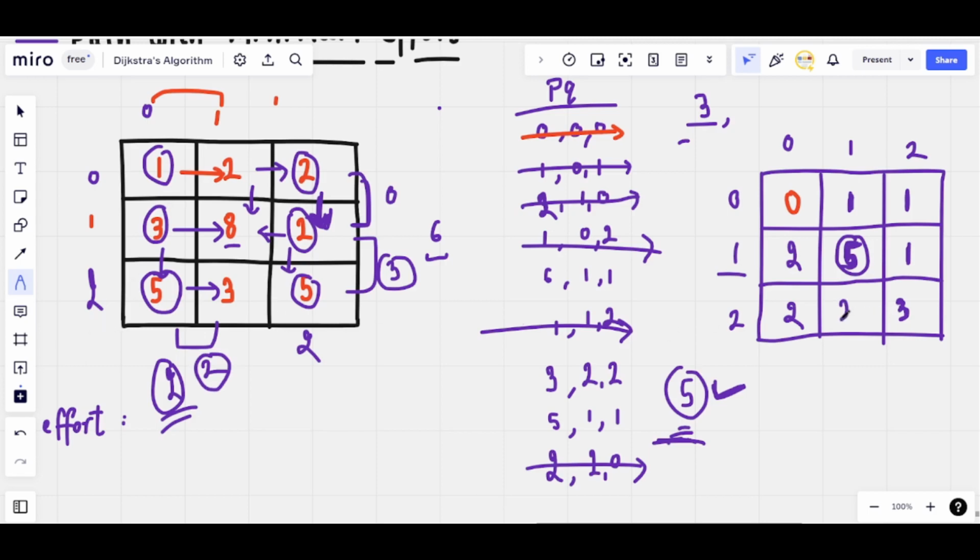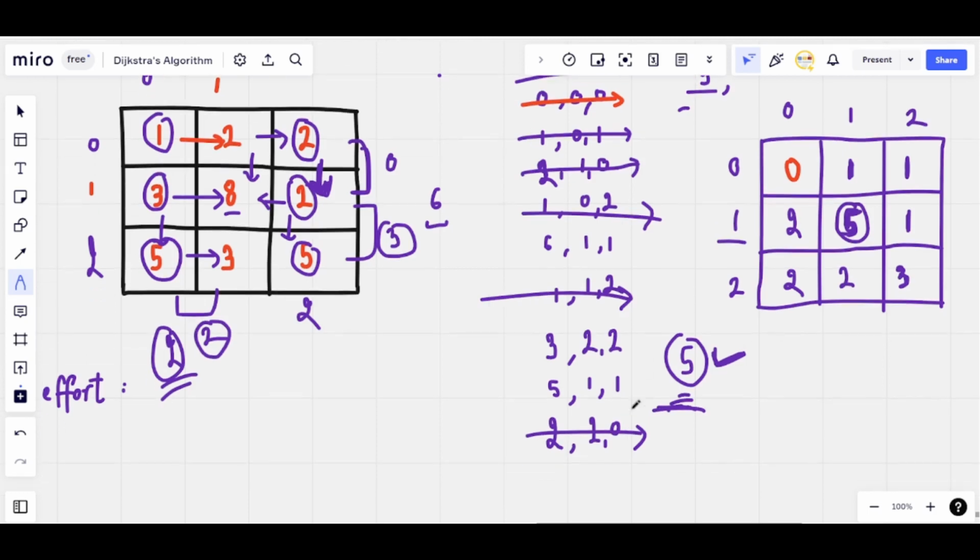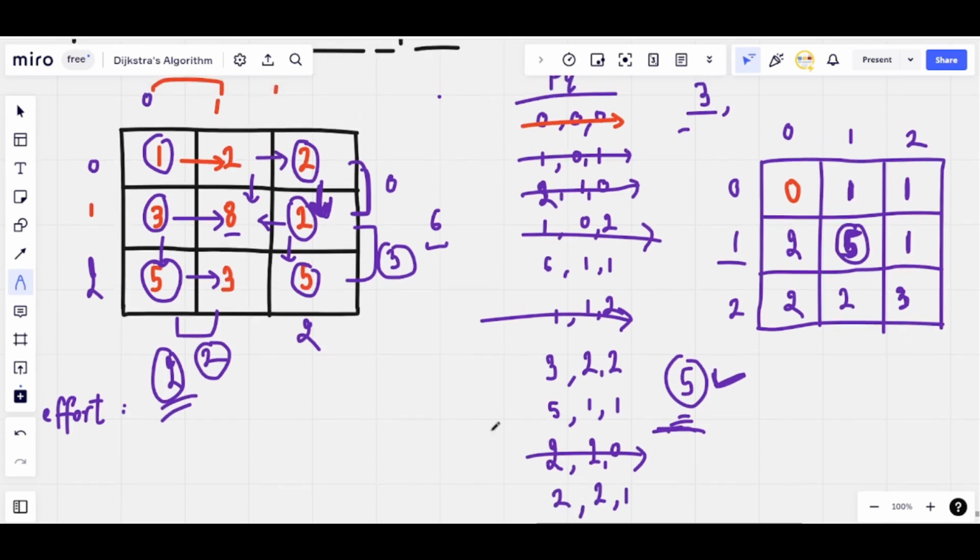So we update here with 2 and push cell 2 1 into the priority queue along with its effort, which is 2. Now pull cell 2 1 from the priority queue. From cell 2 1 I can move to cell 2 2, and the effort for this transition is 2.